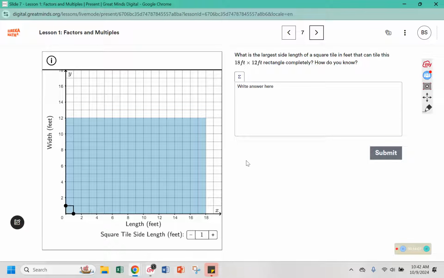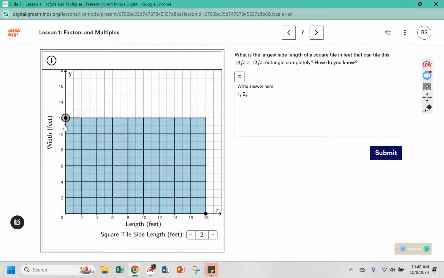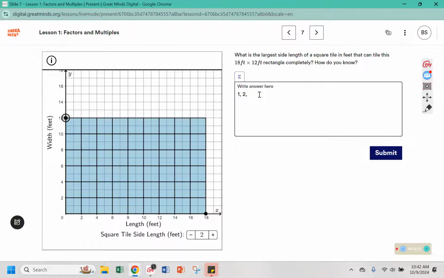How about 18 and 12? 1 works for all of them. 18 and 12 are both even, so 2 will work. 3 times 6 makes 18.